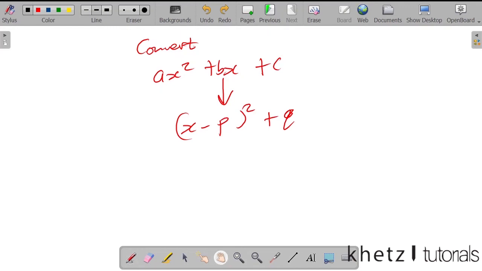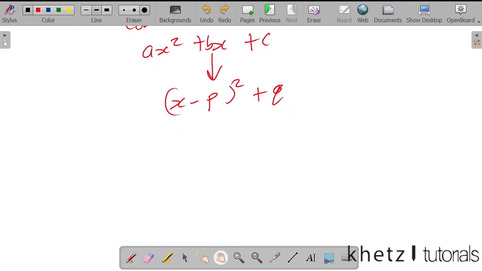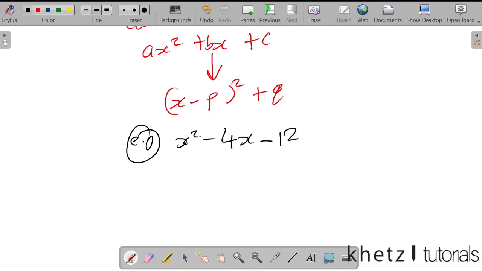So let's do an example just to show how you'd actually do that. Let's say you were asked to transform x squared subtract 4x subtract 12 to this form here. So here's what you do.